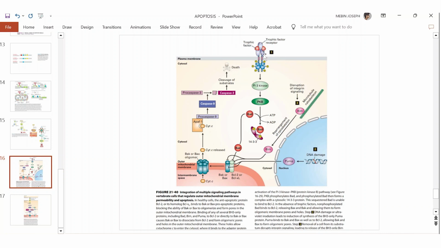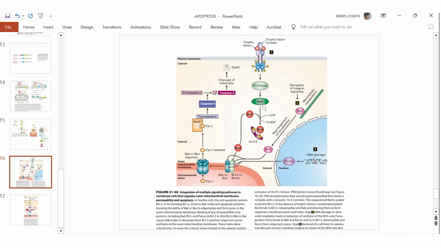You can see the trophic factor receptor and the trophic factor, and when it binds to its receptor, the receptor dimerizes, and that receptor will activate a further pathway. This pathway, the PI3 kinase pathway, is called our protein kinase B signaling.